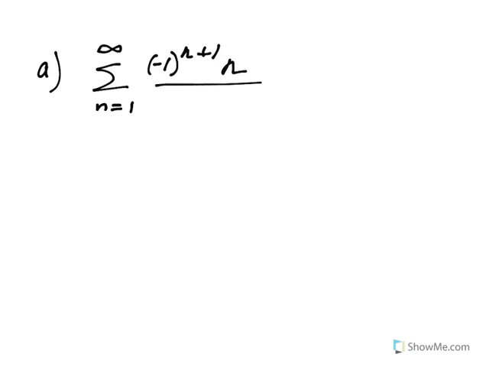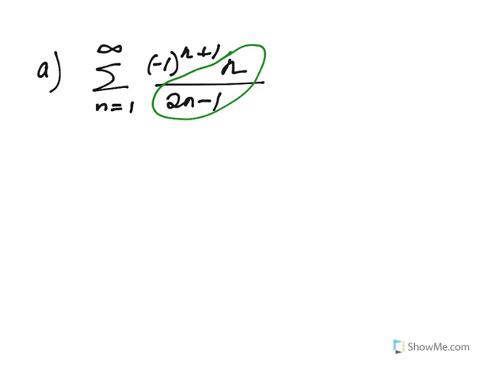So I want to show you example 16, and I'm going to start with number 16a. It says you have this alternating series, (-1)^(n+1) times n over 2n minus 1. So we're going to focus on this part.